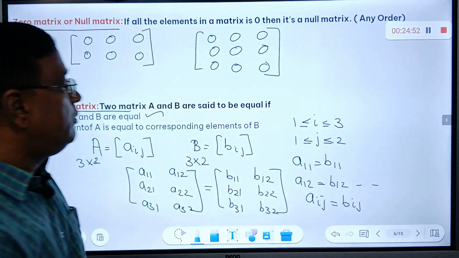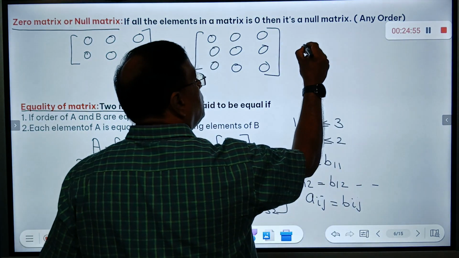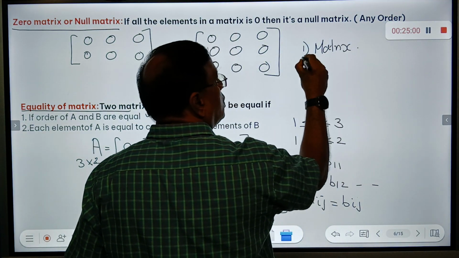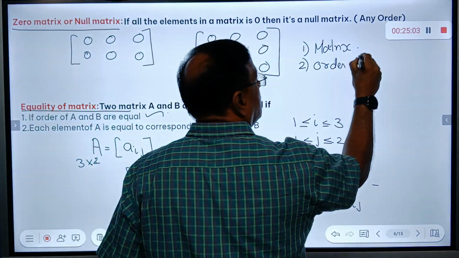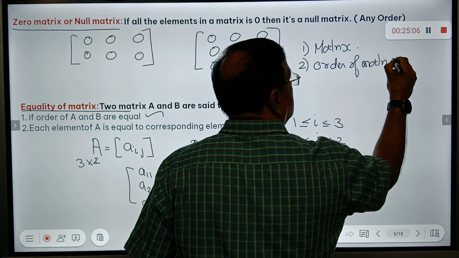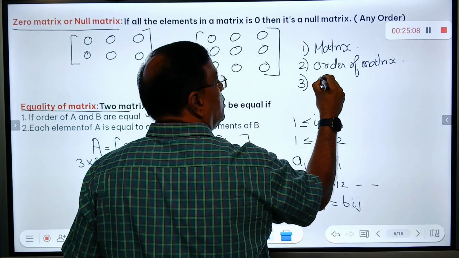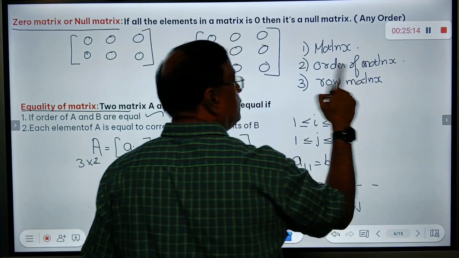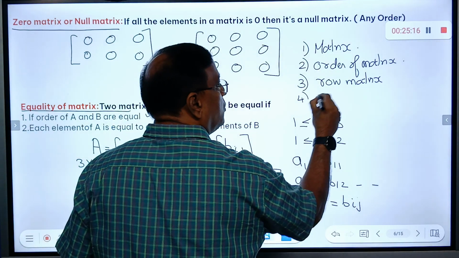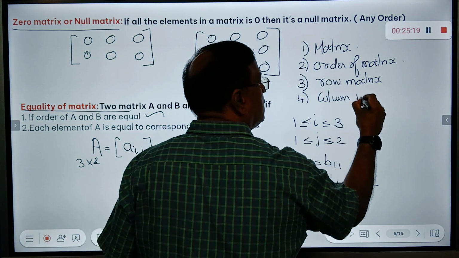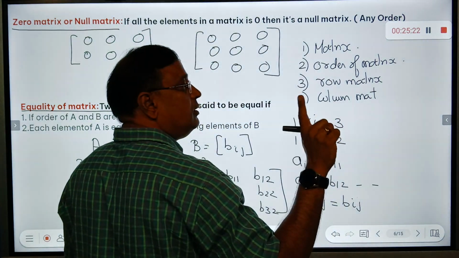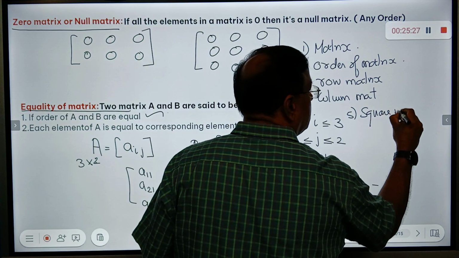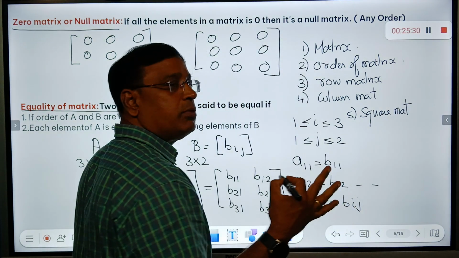So what did we do today? We talked about the definition of a matrix and the order of a matrix. Then we talked about what a row matrix is: the number of rows is 1. Then a column matrix, that is, the number of columns is 1; it can have any number of rows. Then the square matrix, where the number of rows equals the number of columns.